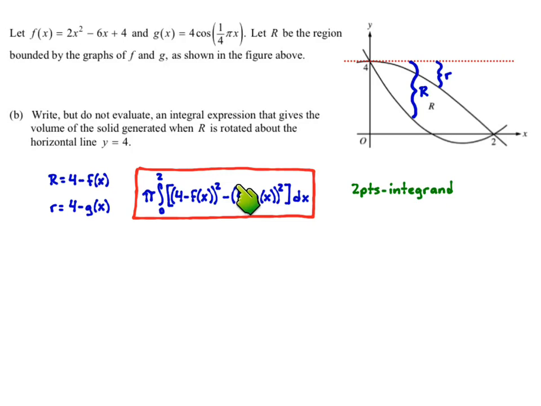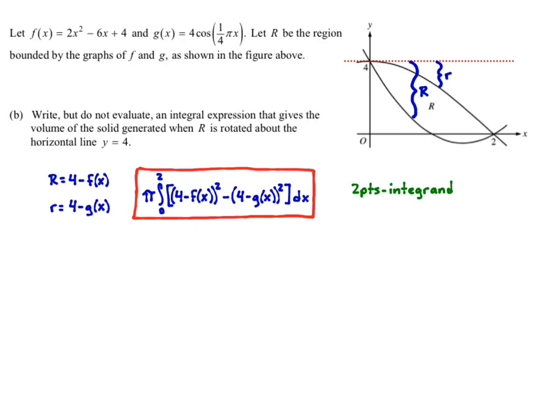So if you flip these wrong, if it said (4 minus g of x) squared minus (4 minus f of x) squared, you would get 1 point because you knew it was the washer method. And if you had f of x minus 4 squared and g of x minus 4 squared, you would probably get 1 point because your radii are not correct there. So just be careful with that.